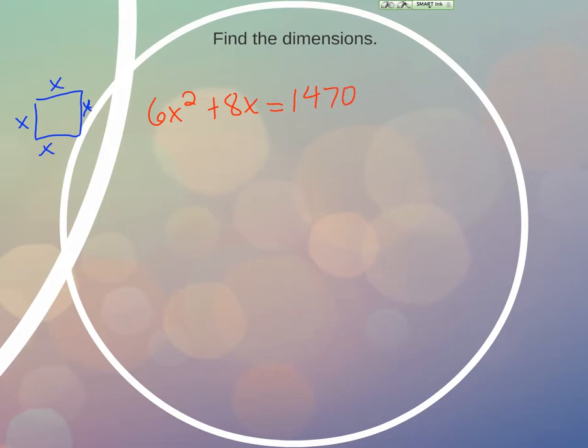So now I have to find the dimension. So I have to figure out the base edges, like the length and the width, and the height. So I'm going to subtract that so that we've got 6x squared plus 8x minus 1,470 equals 0.